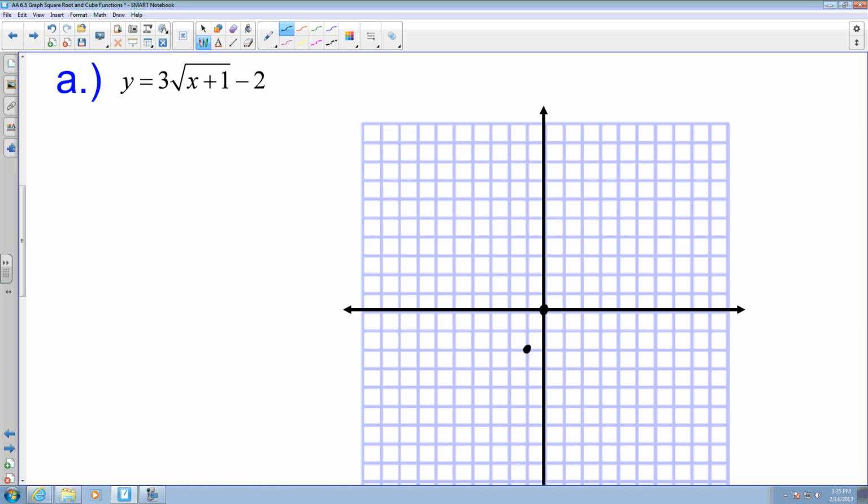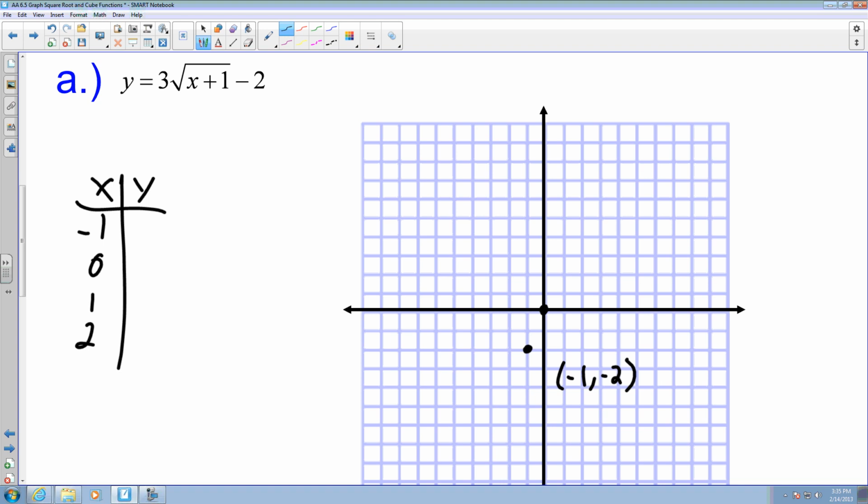So this is where my graph's going to start. It's going to start at coordinates -1, -2. So when I'm making my t-chart for x, I can start with -1. And then I can go up from there. So I can say, let's just go 0, 1, and 2.